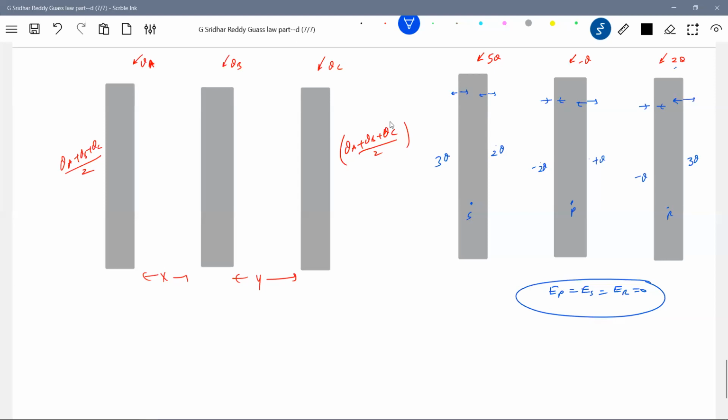Let me give numbers. The field at A will be due to 2, 4, 5, 7, 9, 11. Due to 11 and 2, equal and opposite.